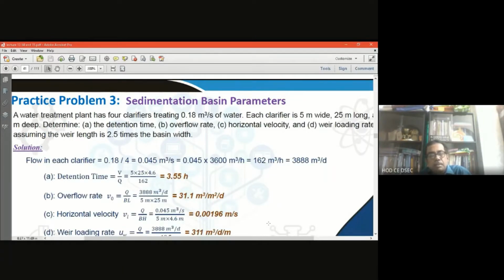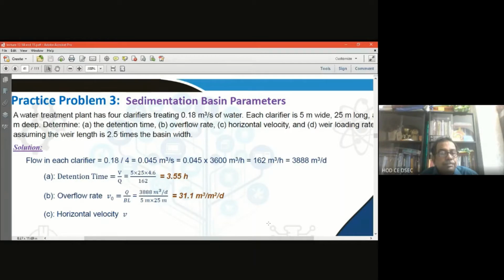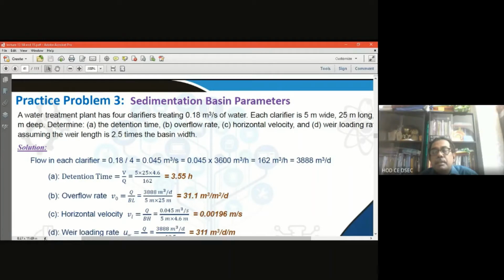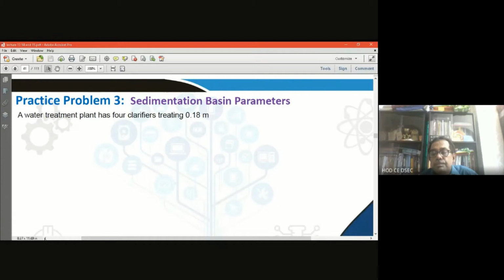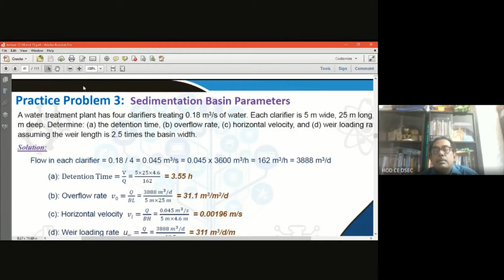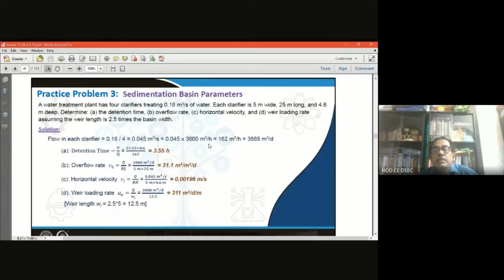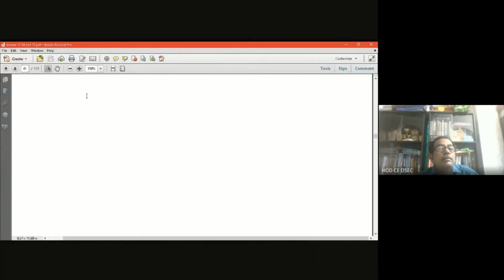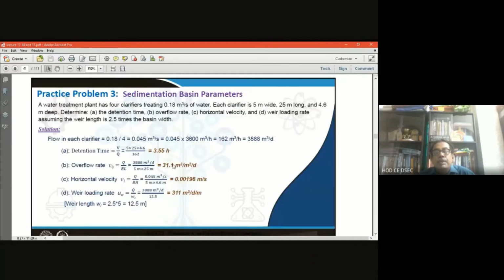So volume: it is given that it is 5 meter wide, so 5 into 25 meter length into 4.6 meter deep, that is also given. So the volume is known, the numerator is known to us.